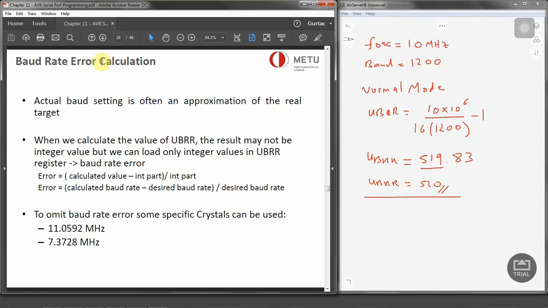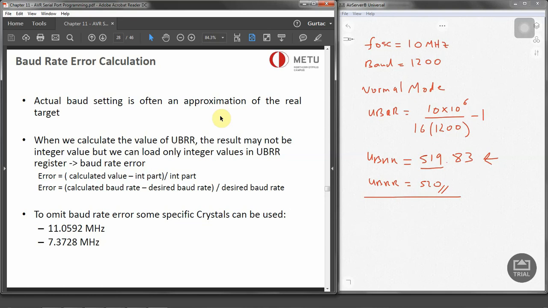there's a baud rate error calculation. As you can see, the actual baud setting is often an approximation of the real target. So when we calculate the UBRR, the result may not be an integer, as you can see from the example over here. But we can only load integer values into UBRR, so there will be an error rate.